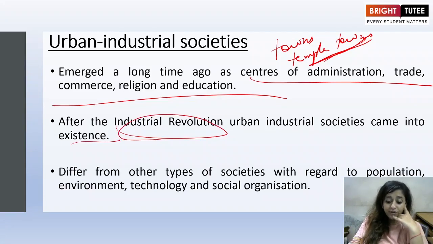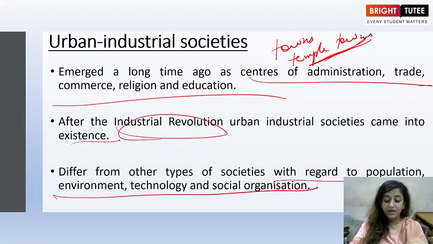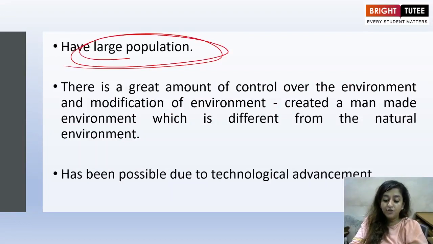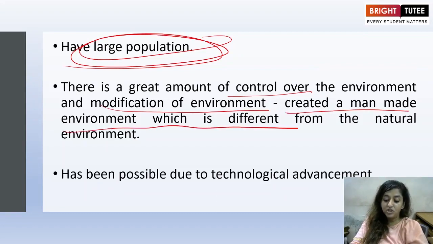Now, these differ from other types of societies with regard to population, environment, and technology, because they have a large population, and there is a great amount of control over the environment and modifications of the environment, because you have created a man-made environment which is different from the natural environment.